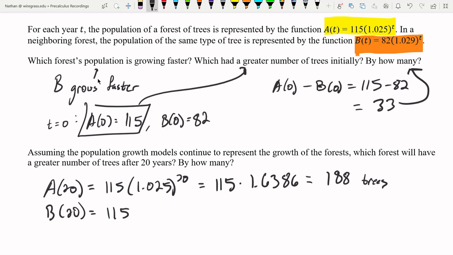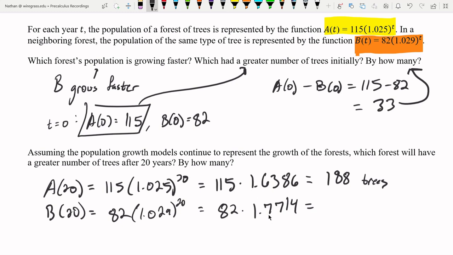Note that we said that B grows faster, right? So we're curious, is it growing fast enough in 20 years' time that it overtakes A? Because it will at some time overtake A. It's 82 times that, so 82 times 1.7714.